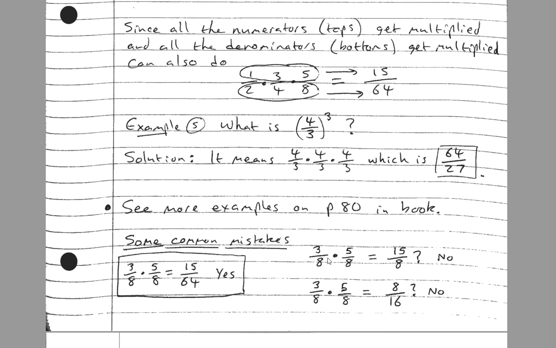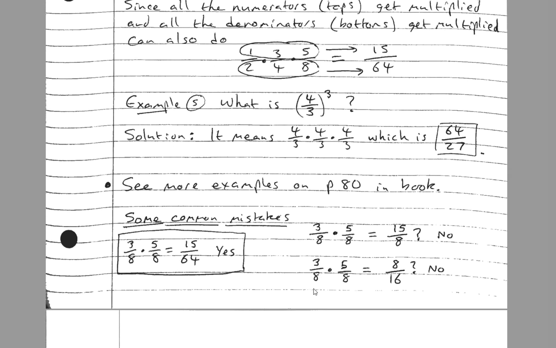Okay, if you're adding fractions, then you keep the same denominator, so maybe that confuses people, but multiplying, everything has to get multiplied. And here, you can see where the numbers are coming from. Here I've used the wrong operation, so I've used addition instead of multiplication.